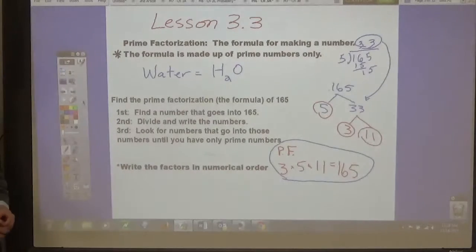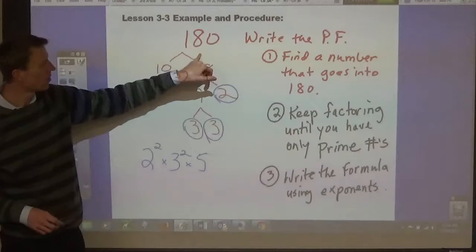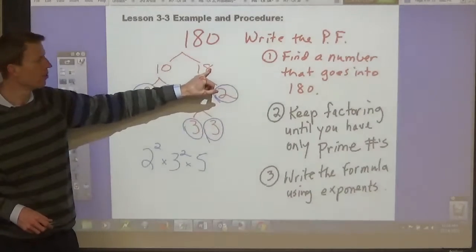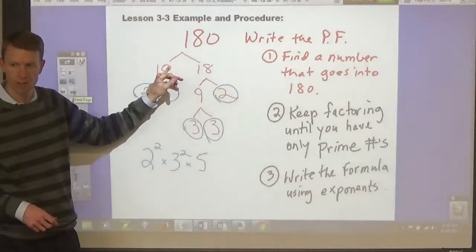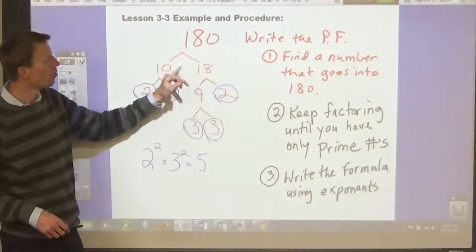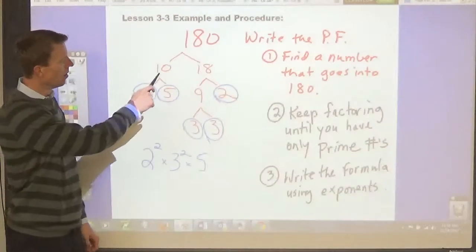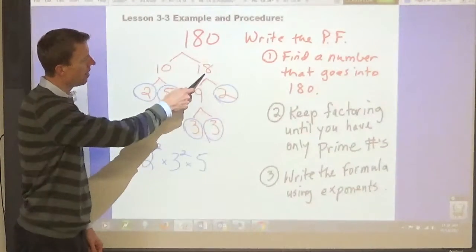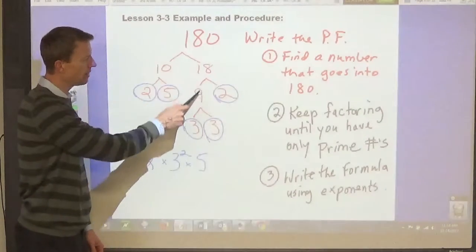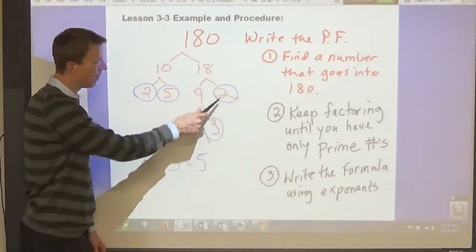Okay? So, again, you start with a number and find two numbers that go into it. It doesn't matter which two numbers; you can use 2 if it's an even number, and then find the number that goes with 2 to make the number. So if we were to factor 180, it's 10 and 18, and then 10 is made with 2 and 5, and 18 is made with 2 and 9, and then 9 is made with 3 and 3.